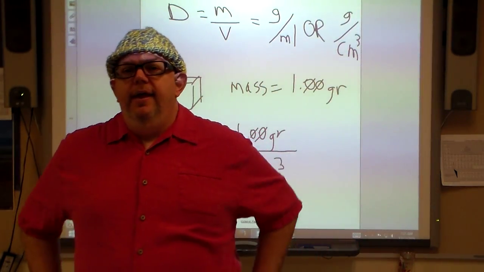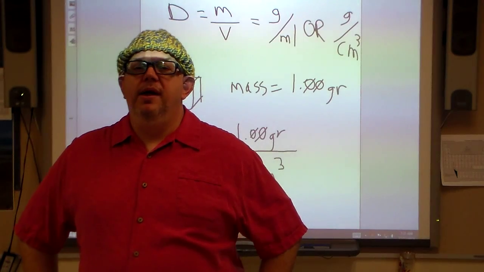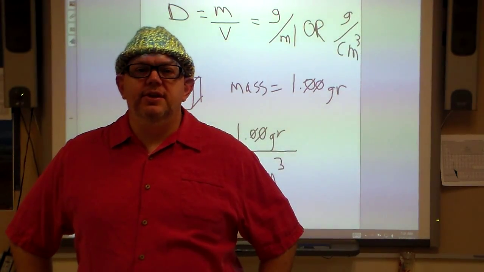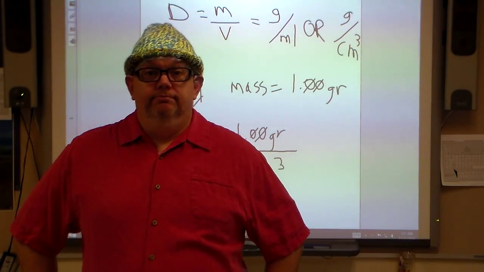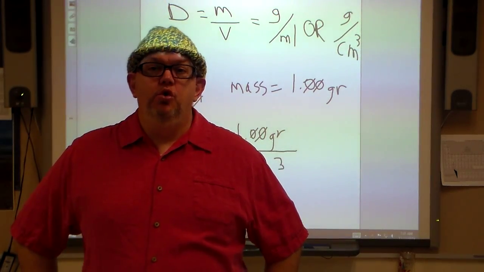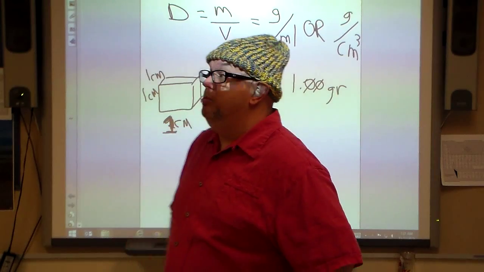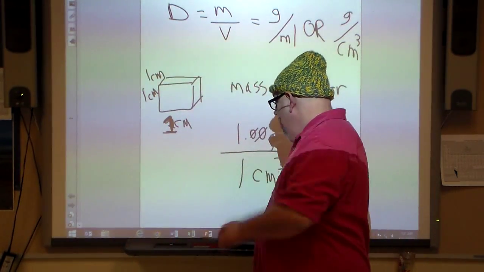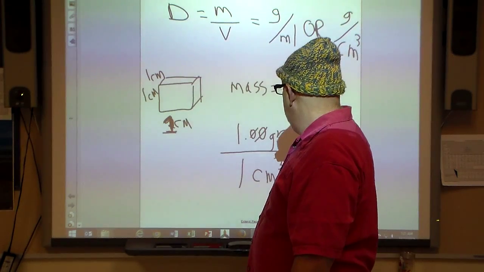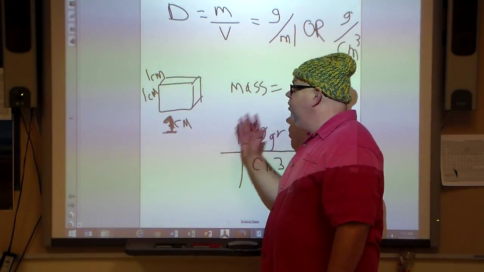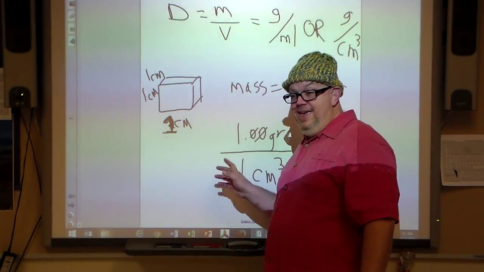Now, if you guys possibly remember, you might think, hey, this kind of looks like the density of water. You're right. It is. Although normally we would say water is 1 gram per milliliter. Okay? But that would be something useful to know. So I'll probably give you problems like this.